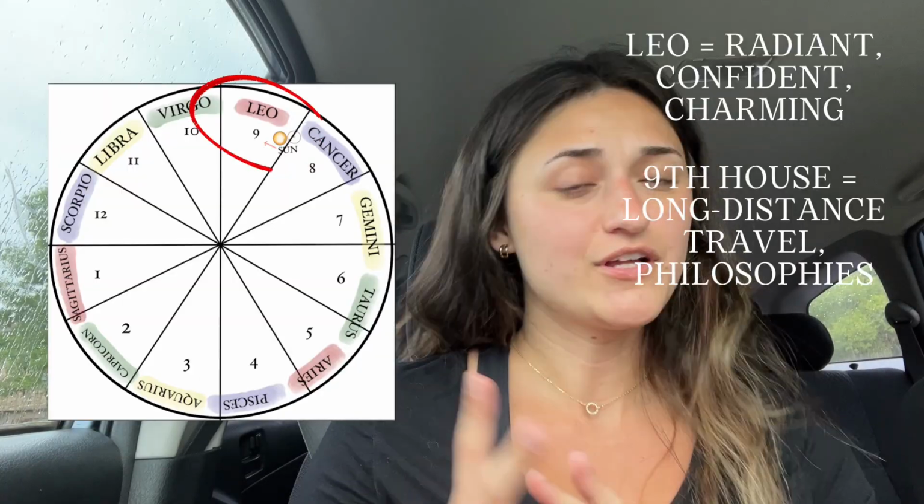Where Leo might be in your second house, the sun moving into there means you're going to have a more bright and radiant focus on your money and your self-worth and things that you value during that time. Whereas someone else might have it moving into their 9th house, and they will have a lot more focus on their travel and their philosophies and stuff like that for that period of time.